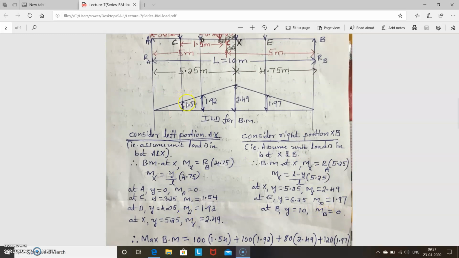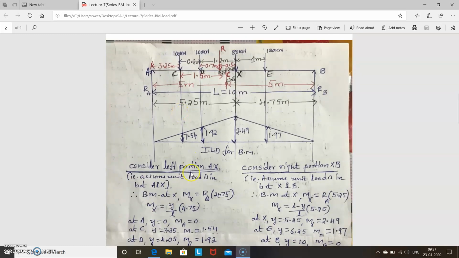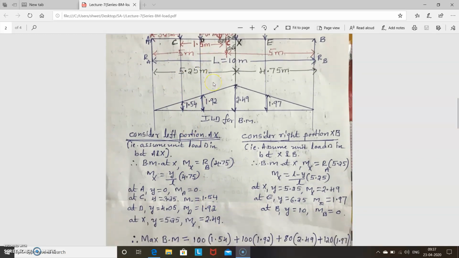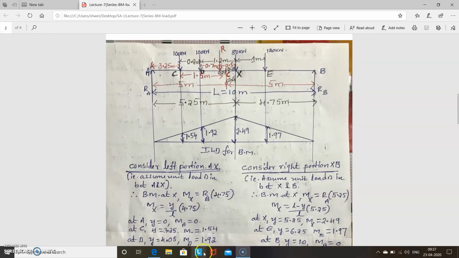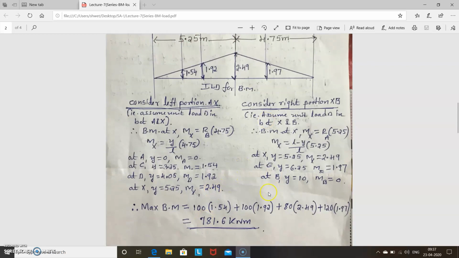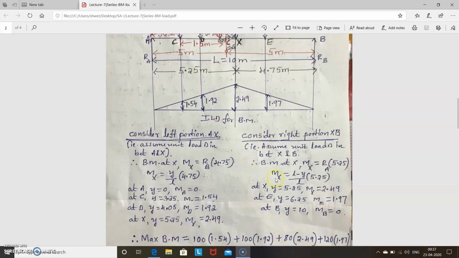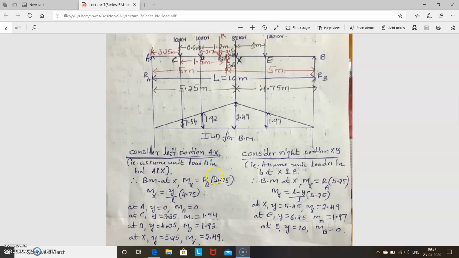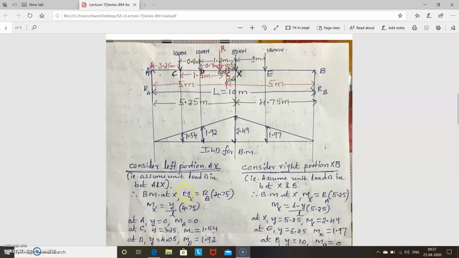So mark these points on this diagram. At C it is 1.54, at D 1.92, at X it is 2.49, and in the right portion, at X 2.49, then at E 1.97, at B 0. So draw this line. Once you get that, you can find the maximum bending moment.